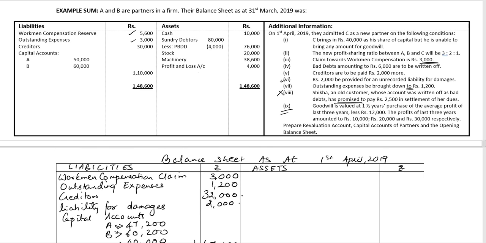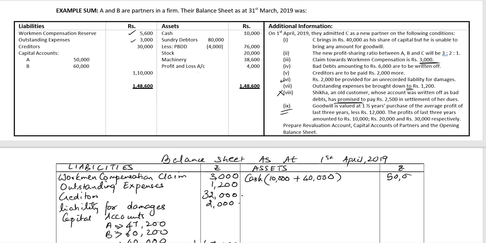Let's continue with the asset side items. Cash. The opening balance was rupees 10,000, and the capital which was brought in by partner C was rupees 40,000. So final amount for cash rupees 50,000. Sundry debtors. The figure of debtors 80,000.